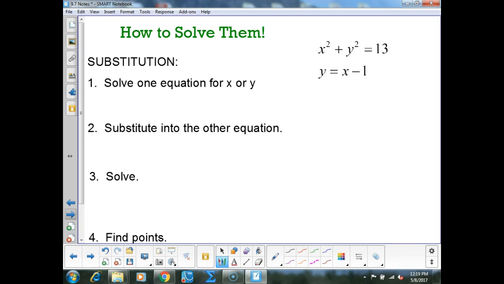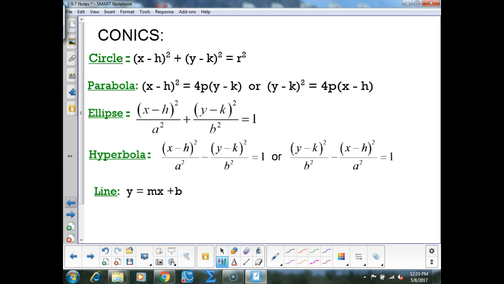Now, not every single time is the conic going to be given in standard form. However, you can use what's given to you and what you should have learned last week to say, all right, I should get no intersection points, I should get 1, maybe 4, and so on.